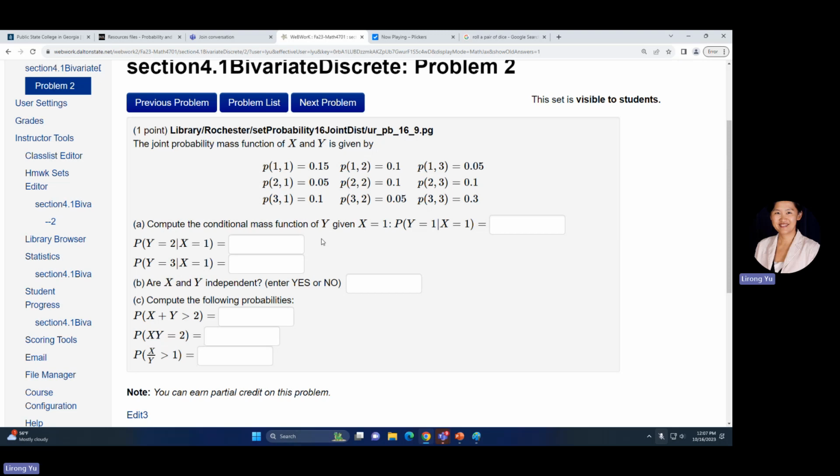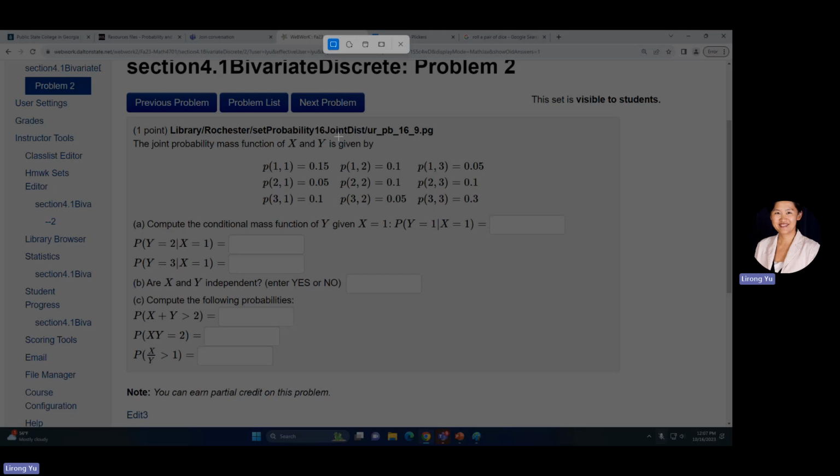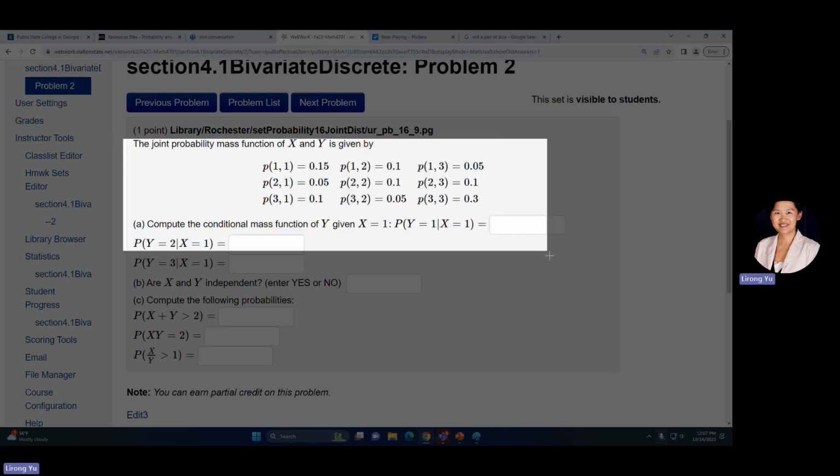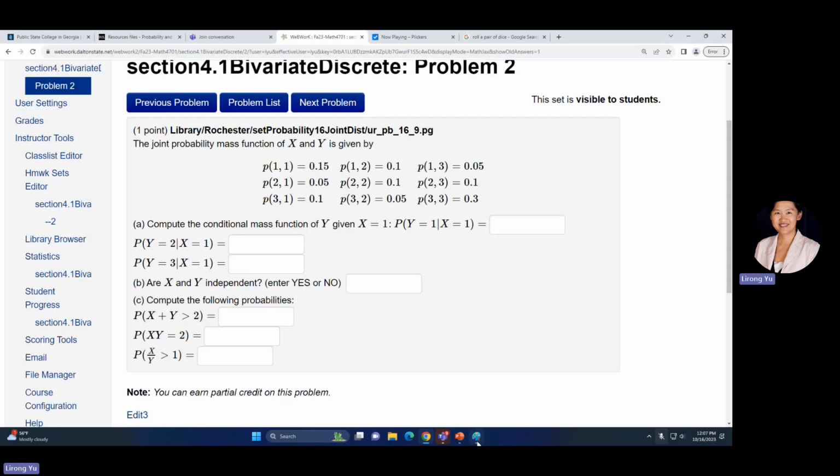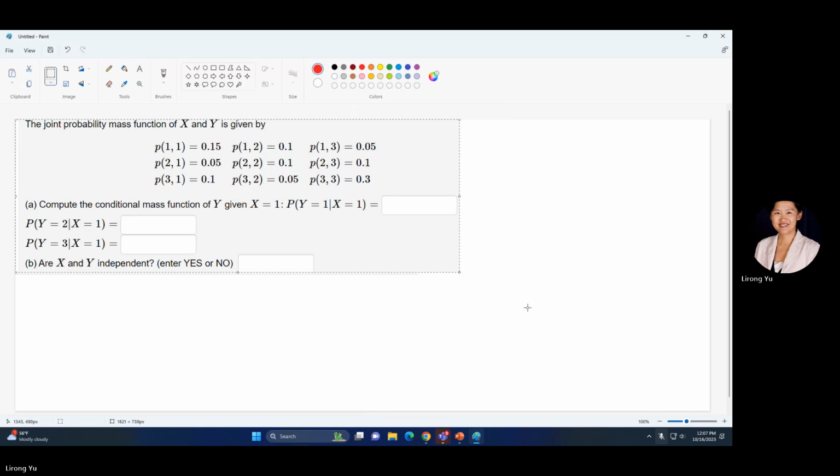Remember, if the conditional and unconditional probabilities are equal, then we have independence. So part A is leading to part B about independence. So let's try this question.